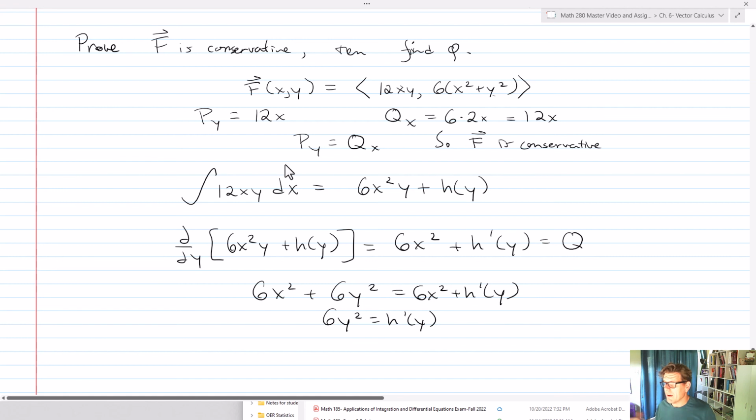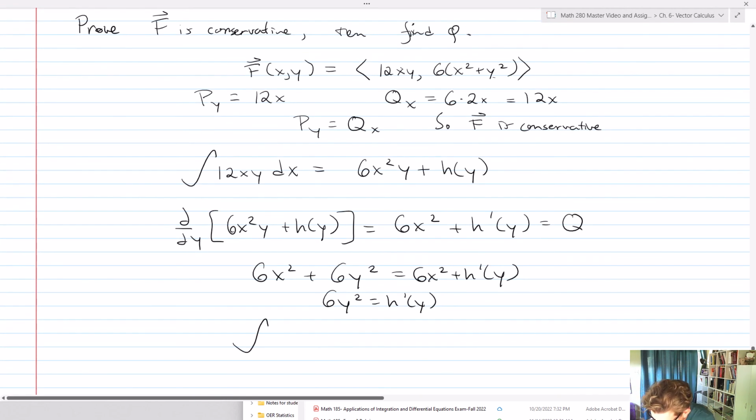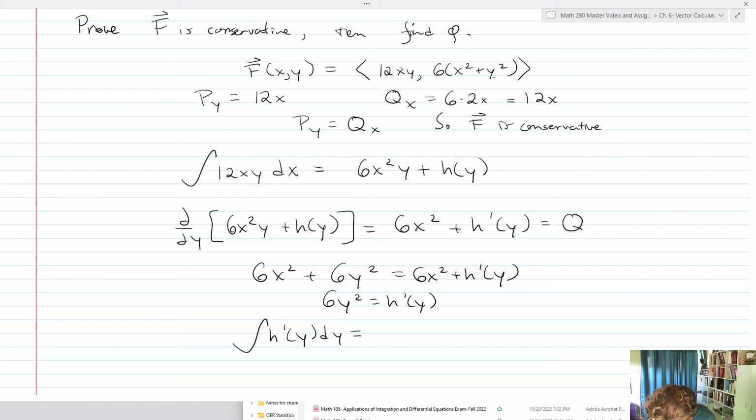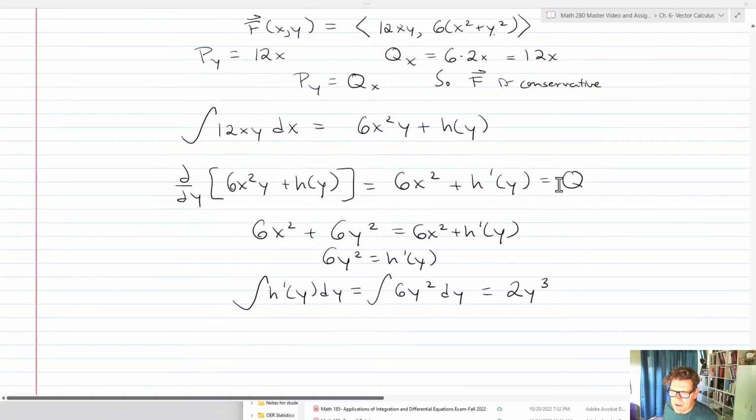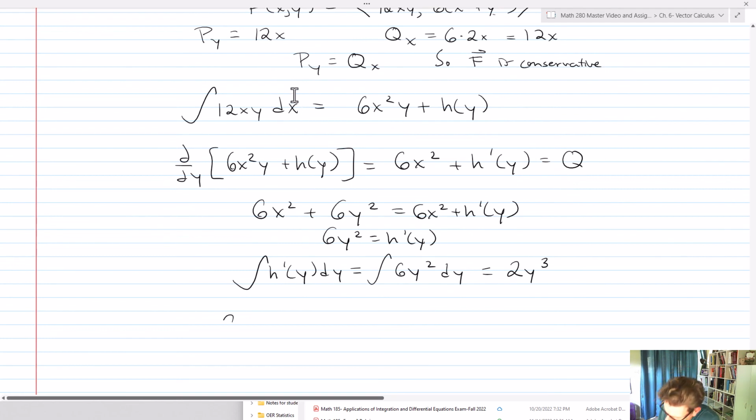Now I need to figure out what h of y is, to actually take the integral. So I take the integral of h prime of y dy, and that's going to equal the integral of 6y squared dy, which equals 3y cubed, or excuse me, 2y cubed. Now I just have to put them together. So phi, my function, is going to equal 6x squared y plus 2y cubed.